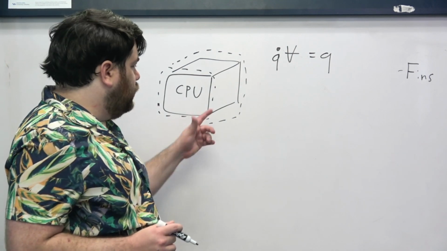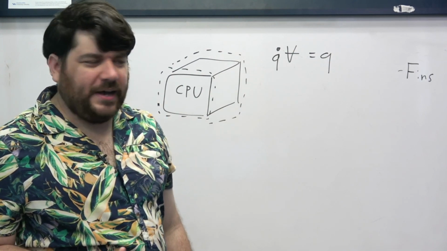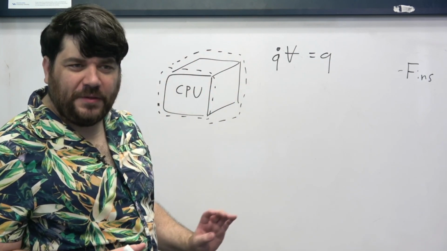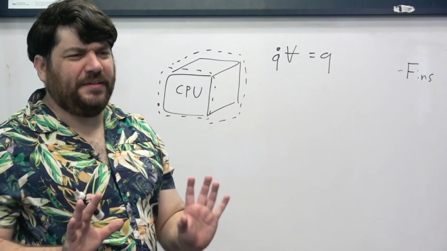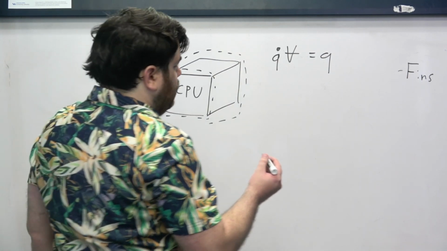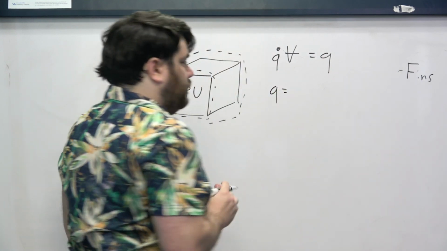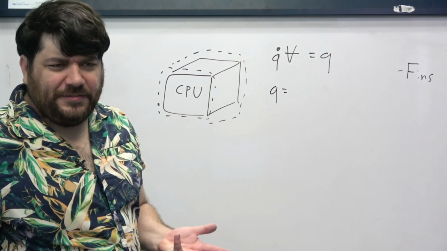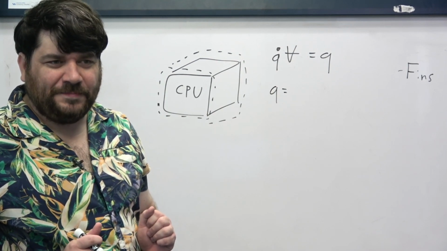And if we assume that this CPU is surrounded by air, okay, that this thing is kind of like hanging off of one of the sides, we don't have to be too specific about the infrastructure, then we would find that this Q is a convective heat transfer rate, right?